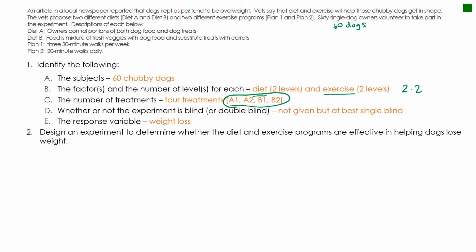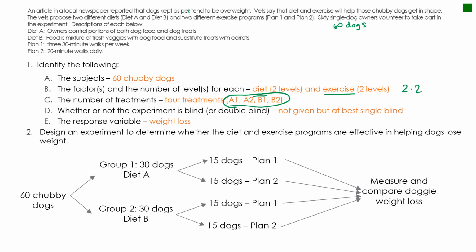How would I design the experiment? There's no blocking here. I just have 60 dogs, so I want to randomly select dogs into each group. I'm going to have group A and group B, diet A and diet B. And then within each of those, I'm going to have 15 dogs for each plan. But again, notice the second column is my 4 treatment groups.